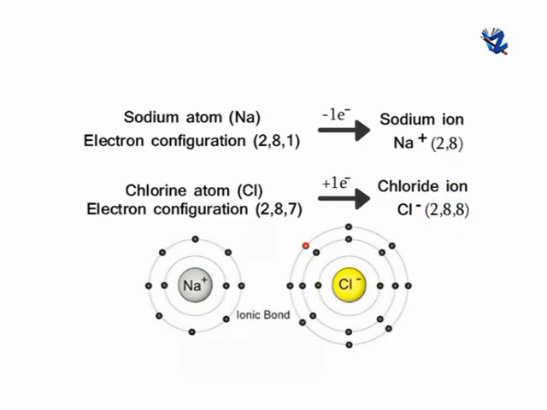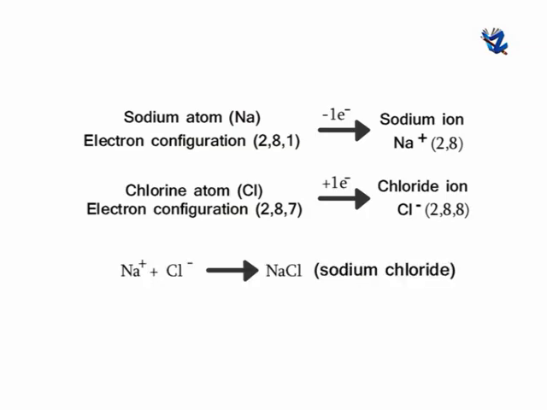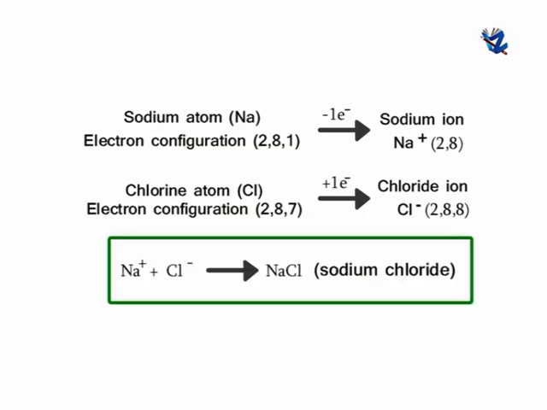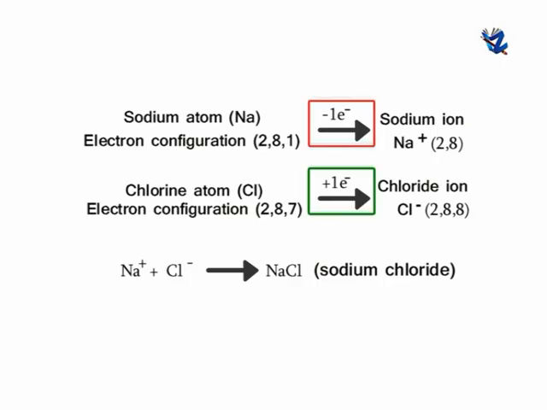Due to the attraction between the equal but opposite charges on the two ions, one chemical bond is formed between the sodium ion and the chloride ion, and the compound sodium chloride is formed. Thus, the valency of both the elements sodium and chlorine is 1. And therefore, valency means the number of electrons that an atom of an element gives away or takes up while forming an ionic bond.